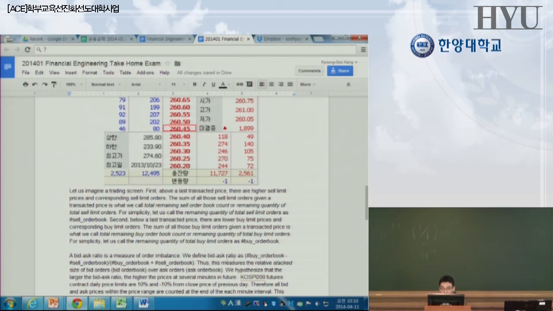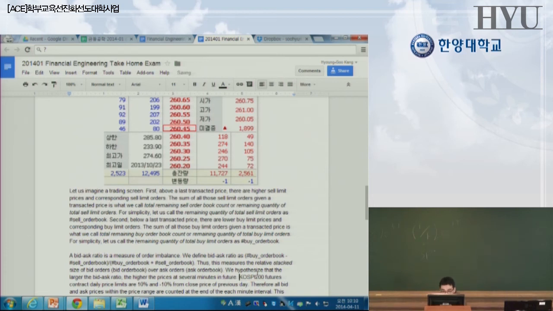My hypothesis is that the larger the bid orders, the higher the price several minutes in the future, because we have more buyers. I guess that will drive the price up several minutes later.